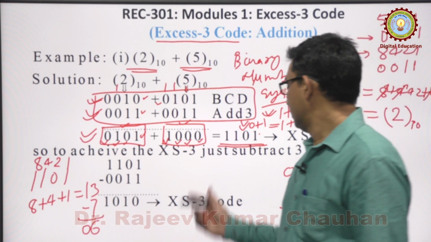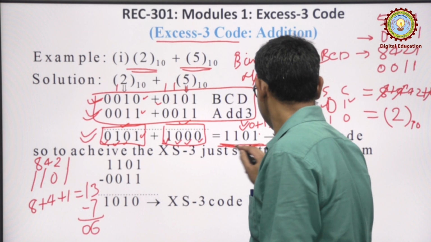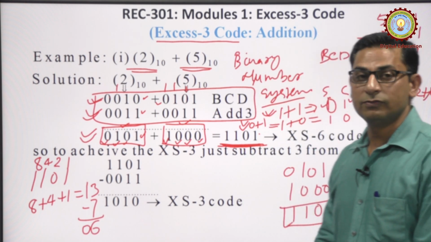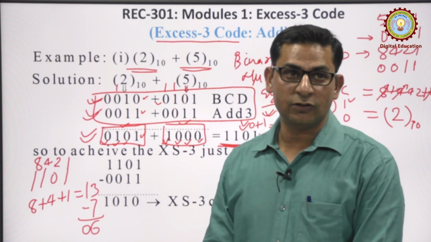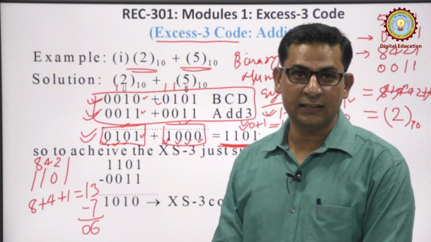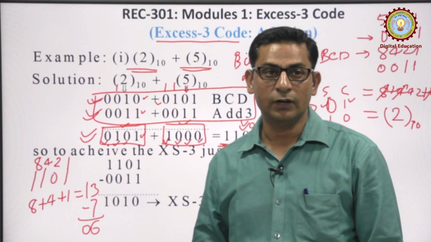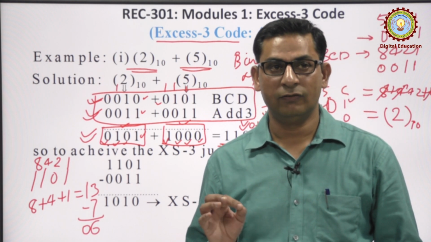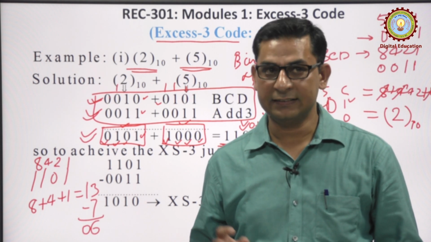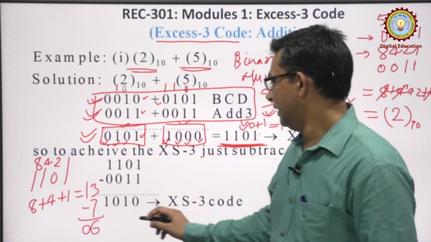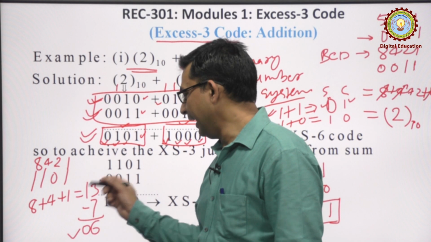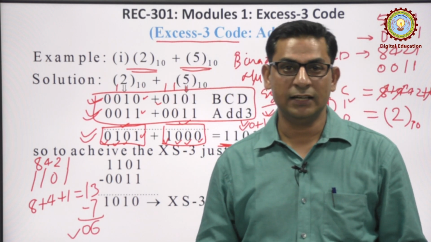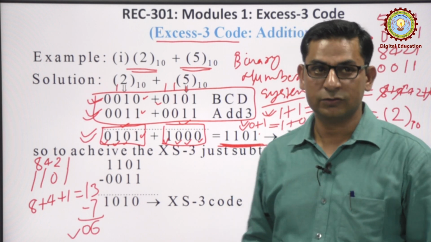Okay. So, we get the equivalent of 13, but 13 is not the Excess-3 code. The Excess-3 code represents that whatever the sum is, if we add the 3 in the decimal number, we will get the Excess-3 code. But in this case we can see we are adding the 6 in the decimal sum of the decimal numbers, we are getting this code.